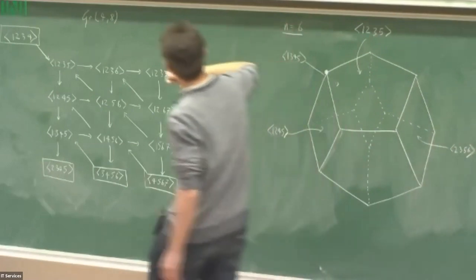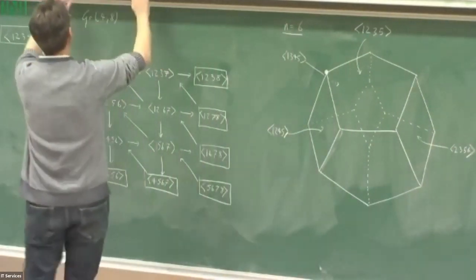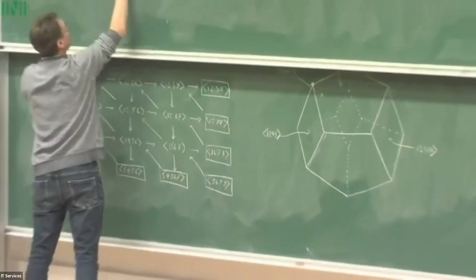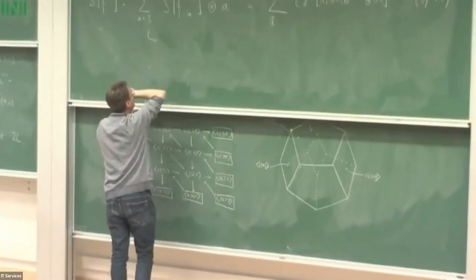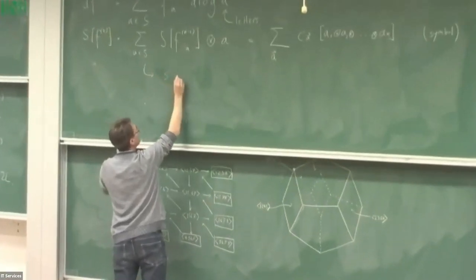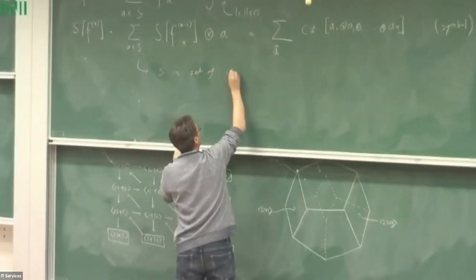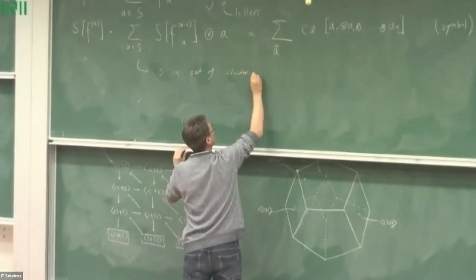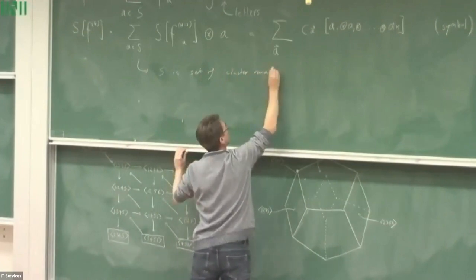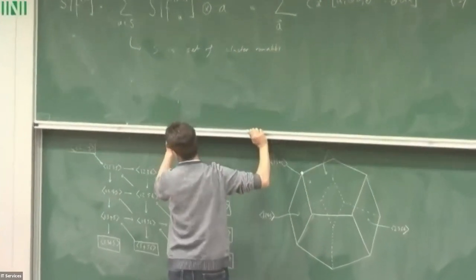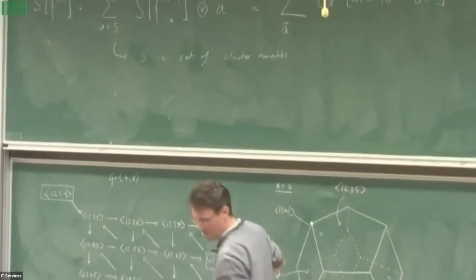Okay, so this set S, sorry, is again for low n and L the set of cluster variables. And that includes frozen ones. However, the amplitude should be homogeneous.